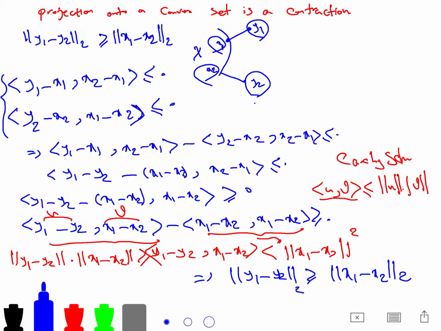So in other words, this projection operator is so interesting because it is going to reduce the distance between your points. And it plays an important role in modern optimization. Proximal gradient descent, bundle methods, mirror descent, all of them are using some properties of convex functions and convex sets.